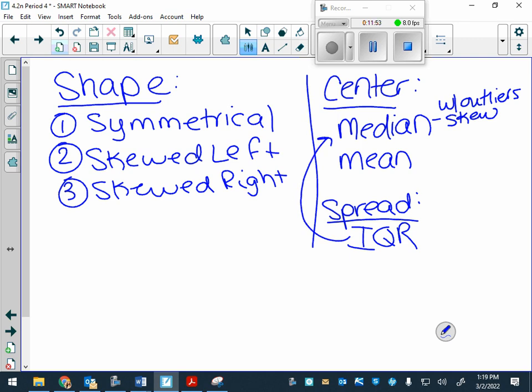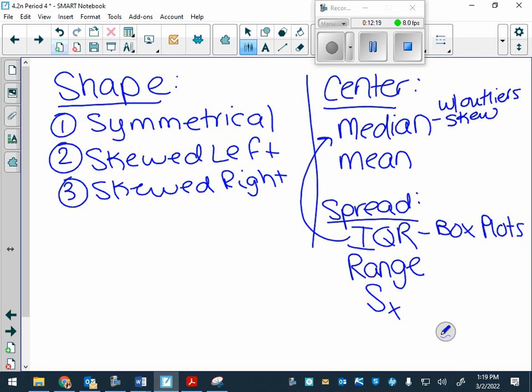And that's only for our box plots, okay? The other type of spread is our range, okay? And the last one is our standard deviation, okay? Standard deviation looks at a graph as a whole, okay?